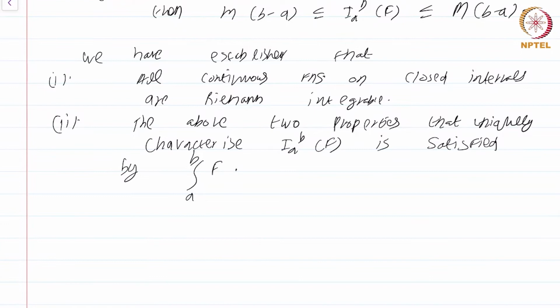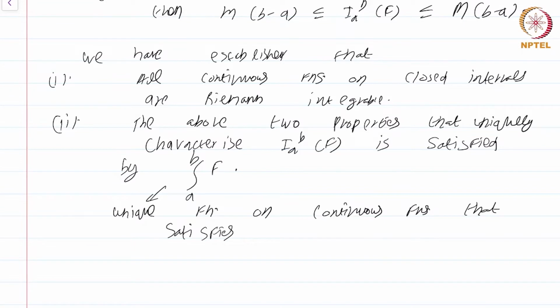So that means that this is the unique function on continuous functions that satisfies the axiomatic characterization.